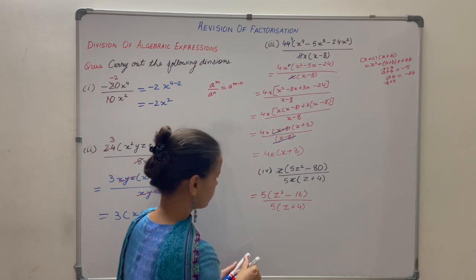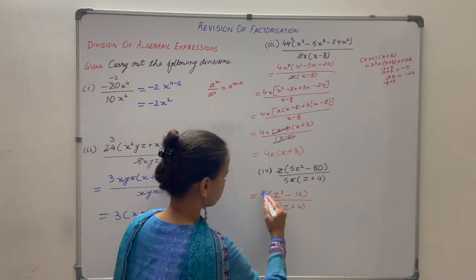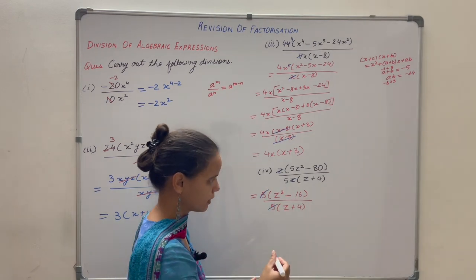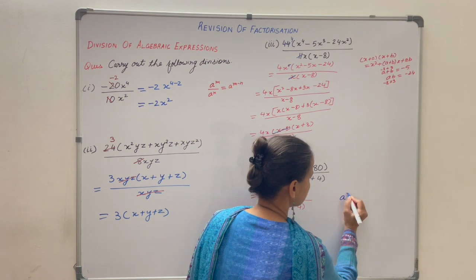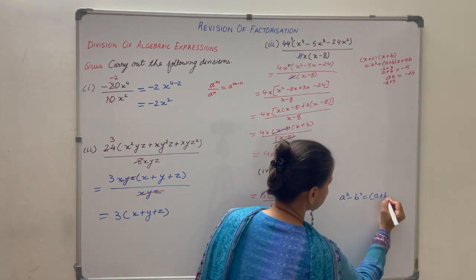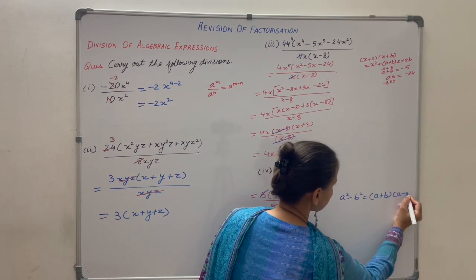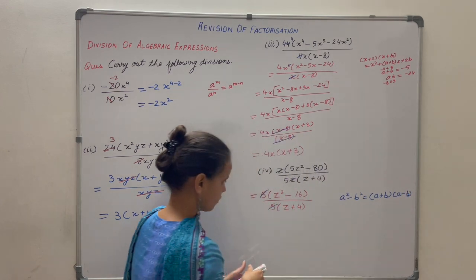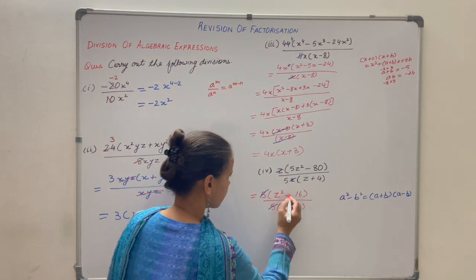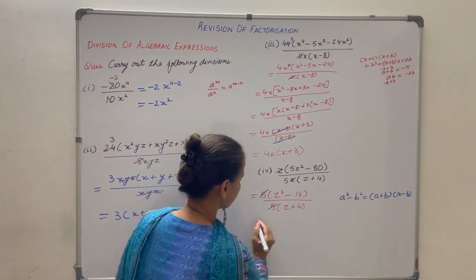So here again you can see you can cancel 5 and 5. Now we can factorize it using the identity a square minus b square is equals to a plus b into a minus b. So this I will rewrite exactly in this form first.